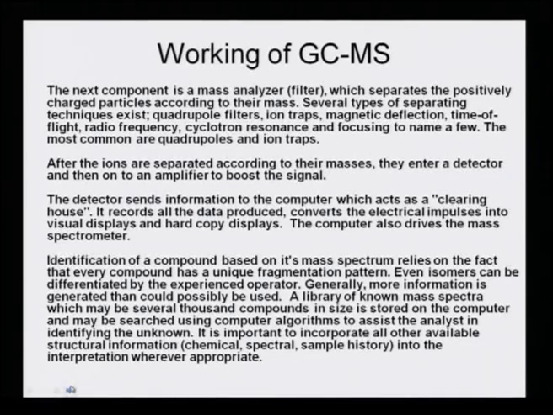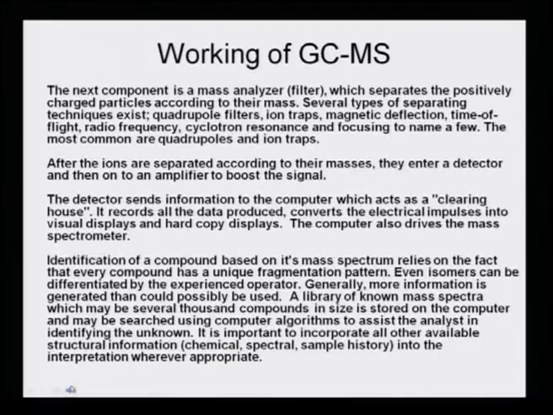Identification of a compound is based on its mass spectrum, and it totally relies on the fact that every compound has a unique fragmentation pattern. Just a while ago, I was telling you that whether it is an organic compound, an organometallic compound, or an inorganic compound having an organic ligand, it will always fragment in a set pattern.